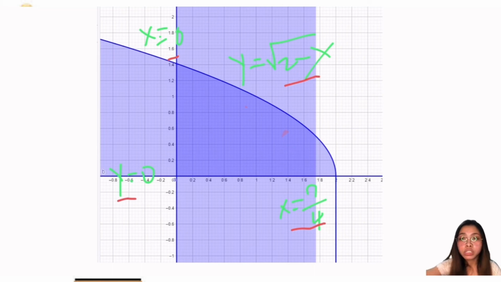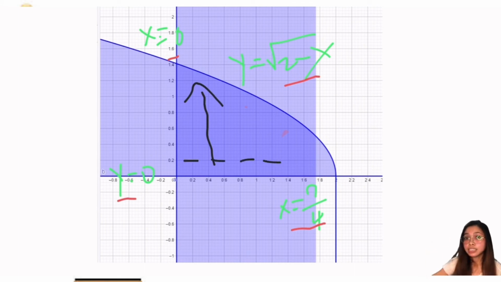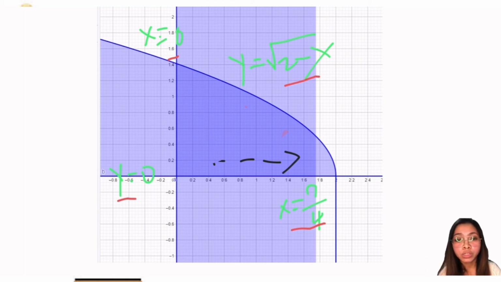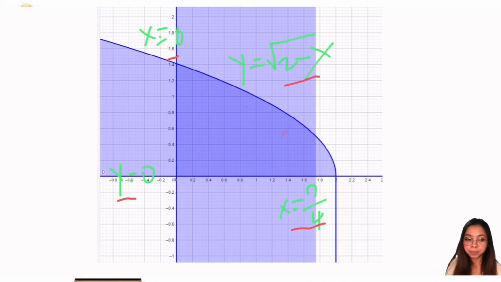If you integrate dy first, you are going with the y direction first and then the x direction. To help you decide which direction to go first, go along the axis where you are always between two functions and not switching between two different functions.